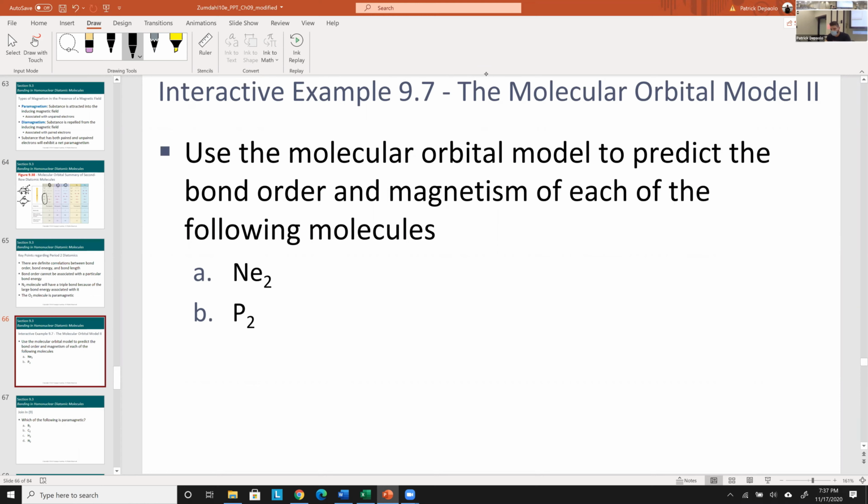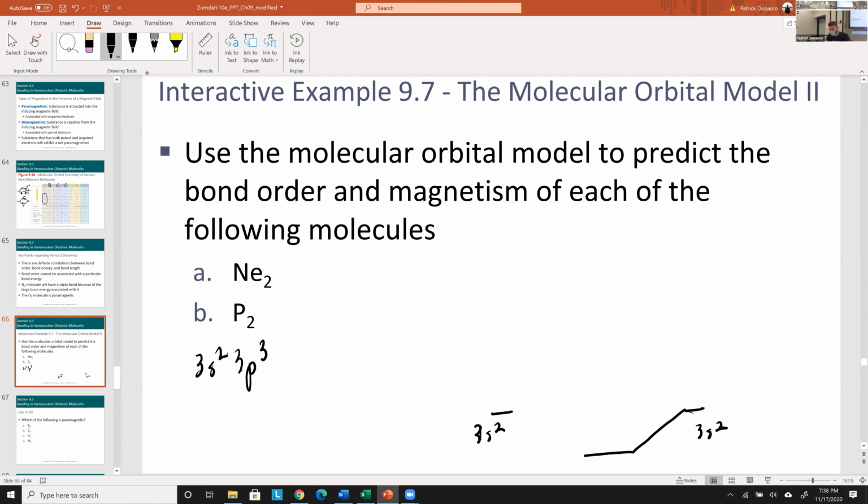So P2. Let's draw a configuration first. We have 1s2, 2s2. All right, we're going to be 3s. So 3s2, 3p3, because it's underneath nitrogen, right? So we're going to do this. It would be our 3s2, and then we have 3s2.